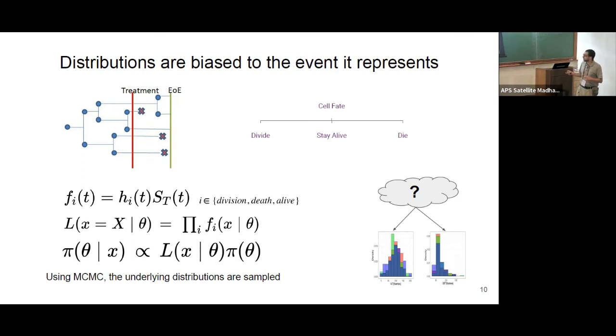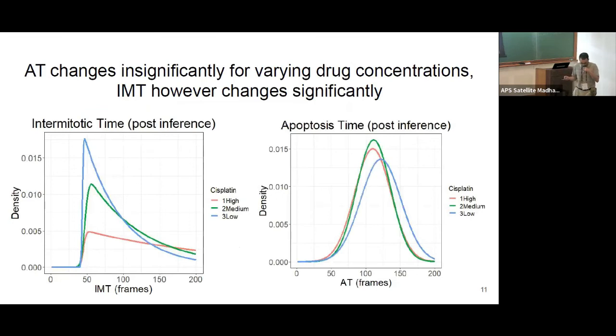So to remove that bias and to figure out what the original distributions were from which these cells chose a probability to divide or die, we first calculated what the likelihoods would be, and used MCMC to sample from what distribution these cells should have chosen, either to divide or die.